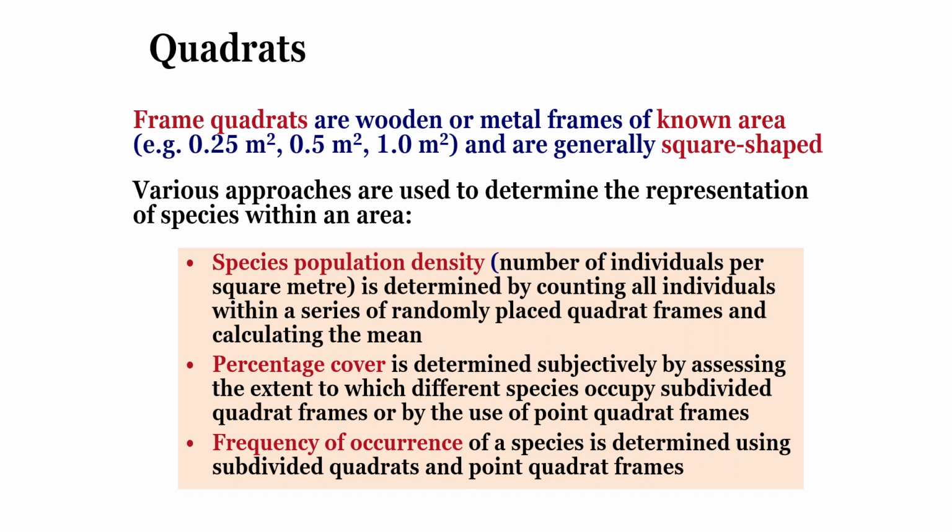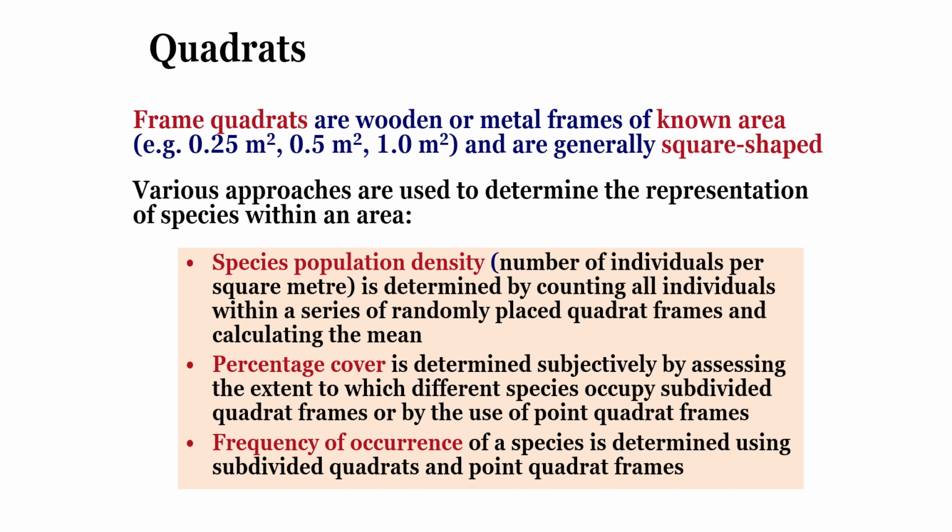Percentage cover is determined subjectively by assessing the extent to which different species occupy the subdivided quadrat frames and by use of point quadrat frames. Now, frequency of occurrence of a species is determined using subdivided quadrats and point quadrat frames. Here I have mentioned the method by which we are going to calculate these things.